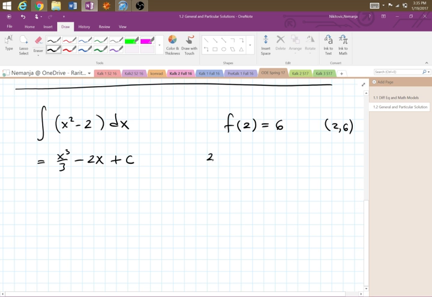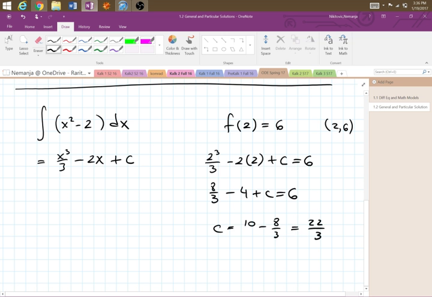So I actually have 2 cubed over 3 minus 2 times 2 plus c equal to 6. 2 cubed is 8, so I have 8/3 minus 4 plus c equals 6. And it's clear that I can compute c from here, right? So c is equal to 10 minus 8/3, which is 22/3. Something like that.